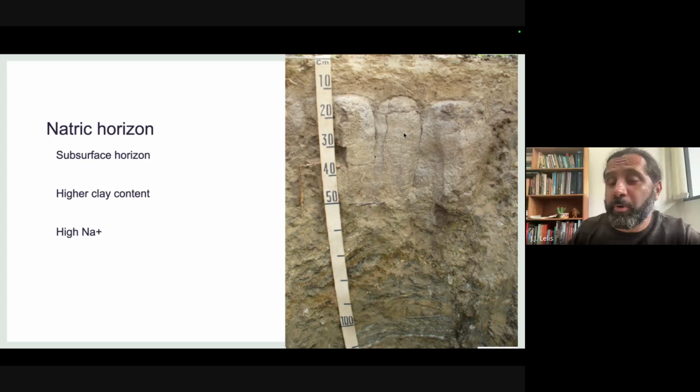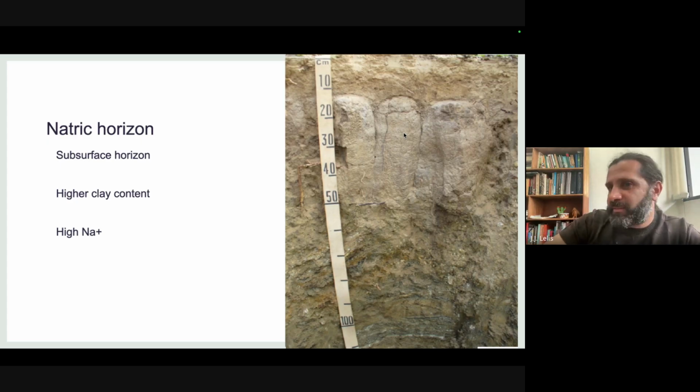Let's say that it's much more difficult to manage a soil with a natric horizon than an argic horizon, because with the natric horizon you need to consider that you register a high sodium content, a high electrical conductivity, a higher clay content at the subsurface, some salt precipitation, some perched water table, and a low organic carbon content at the surface. So you register several issues and problems that you need to solve, and you need to consider them during the land management.